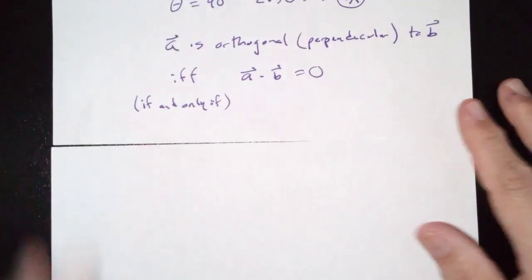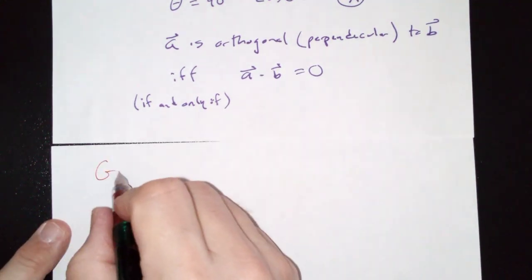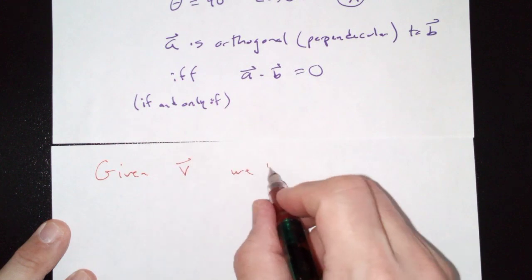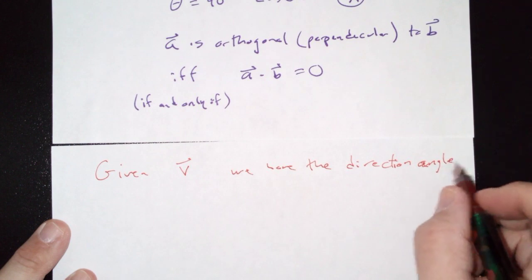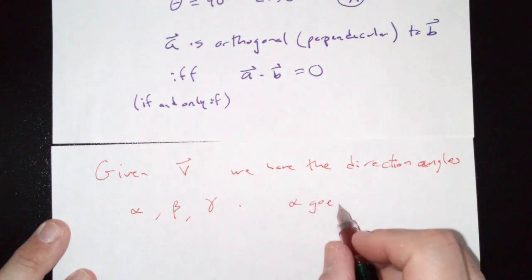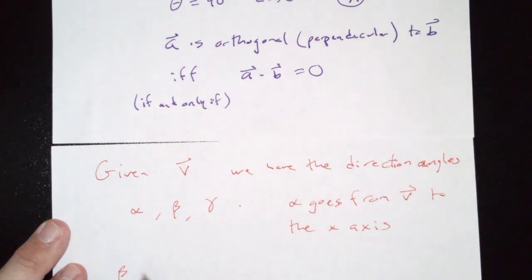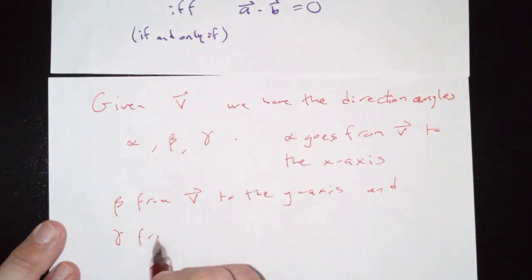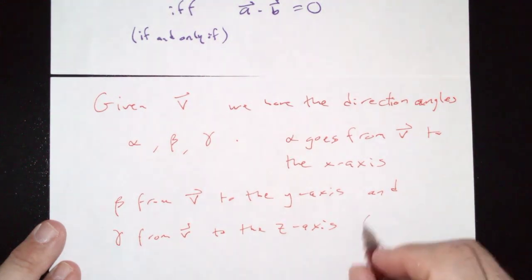So let's suppose I have a vector. In the textbook, they call it V. Now, I'm measuring from the positive parts of all of these axes.